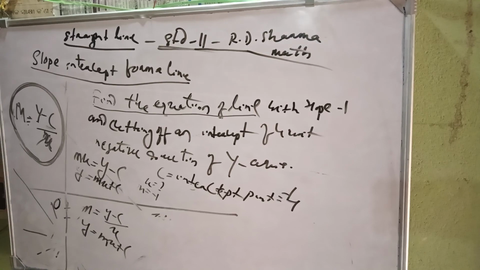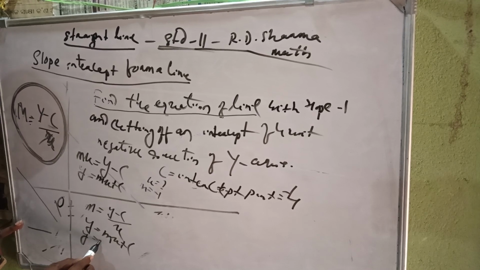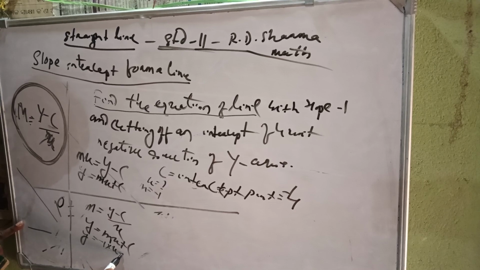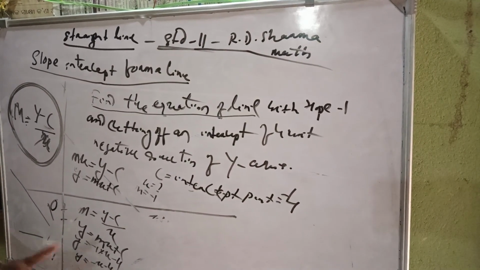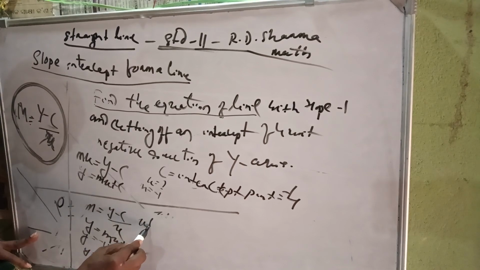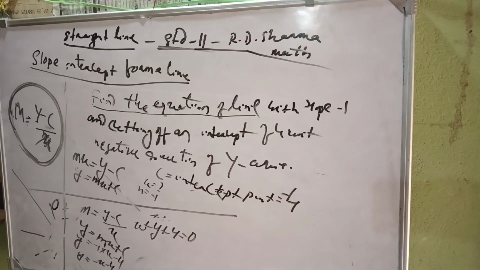So y is equal to mx, m means minus 1, into x, plus the c value, minus 4. So y is equal to minus x minus 4. If you make the equation, then it will be x plus y plus 4 is equal to 0. Now we get the equation.